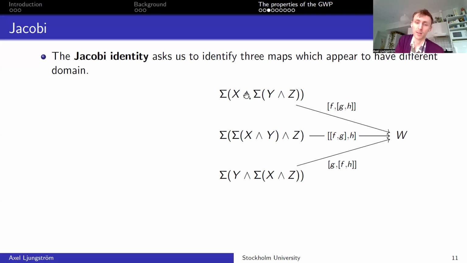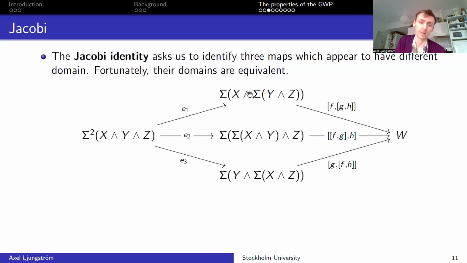But they all have these quite ugly nested domains. But fortunately, again, all of these domains are equivalent. So you just pull out suspensions to the front and you rearrange the smash products, and then you see that these guys are all equivalent to the double suspension of x smash y smash z.